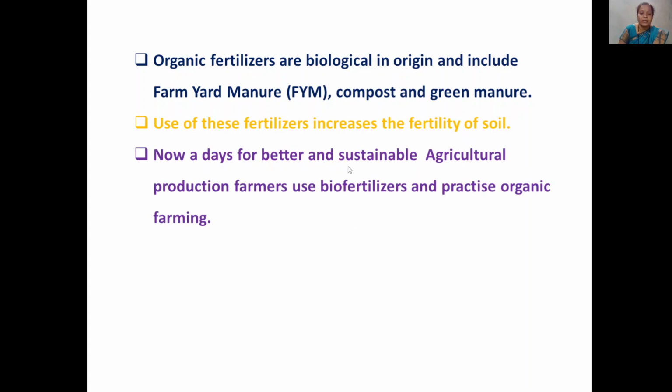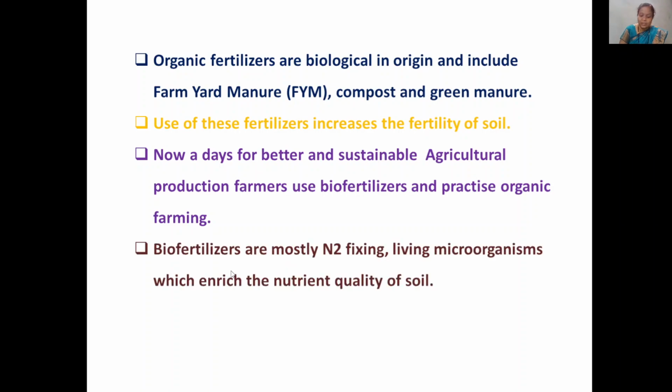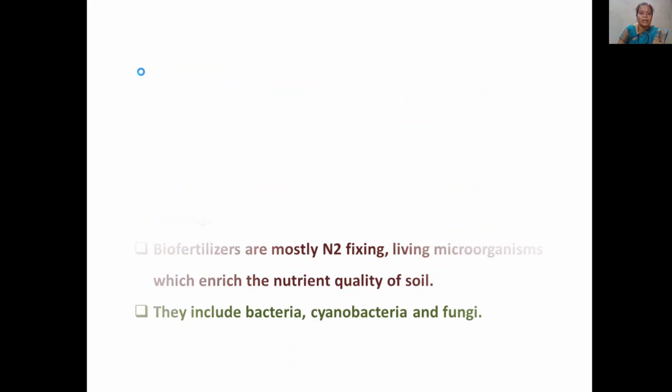Nowadays, for better sustainable agricultural production, farmers use biofertilizers and practice organic farming. Biofertilizers are mostly N2 fixing, that is nitrogen fixing, living microorganisms which enrich the nutrient quality of soil. They include bacteria, cyanobacteria and fungi.